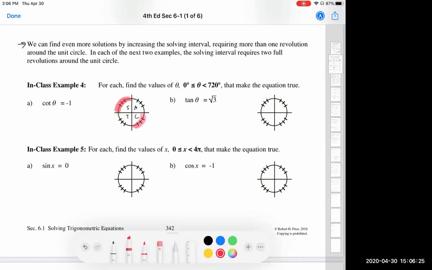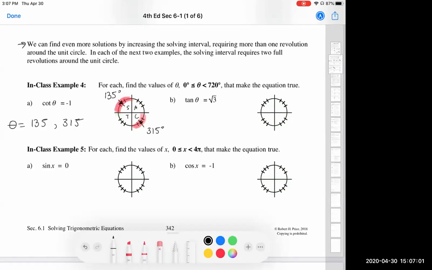And cotangent is 1 at 45 degrees, so it'll be -1 at the 45-degree tick mark, which is that middle tick mark. So that's the measurement of 135 and 315. So we found the first revolution around. Theta is 135 and 315.